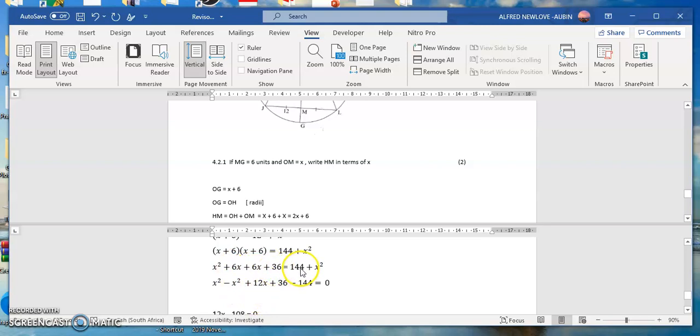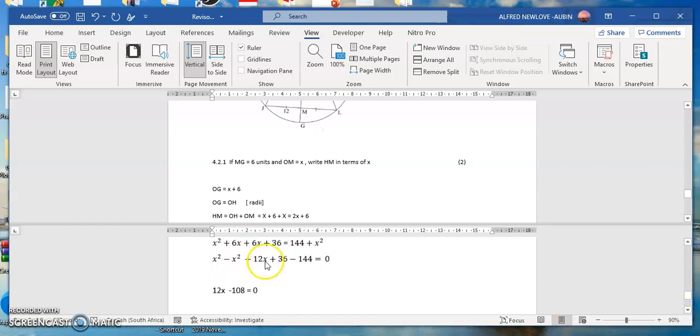Then I'm going to transpose this 144, which is going to give us minus 144, equal to 0, because I've already transposed this x squared to this side. So if I simplify, the x squared will cancel to 0, and now I'm going to have 12x plus 36 minus 144, which gives us minus 108, equal to 0.